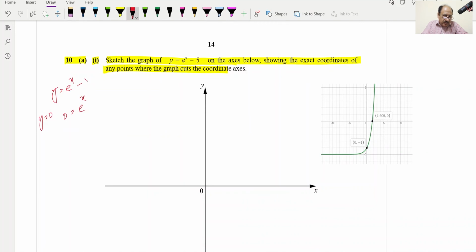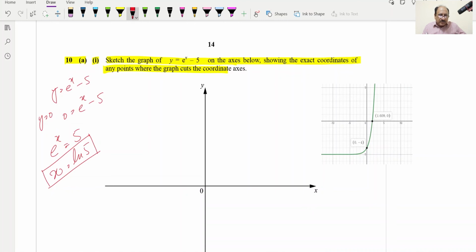So we can write e raised to x is equal to 5, and to get rid of e and find the x value, x will be equal to log of 5. So this log of 5 value will be the x-intercept.